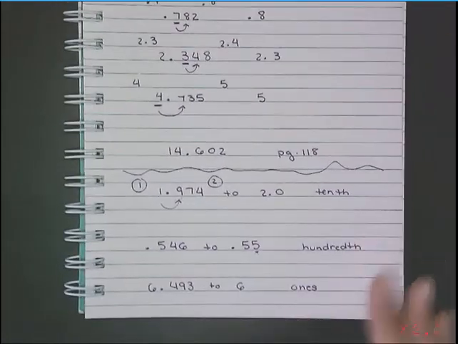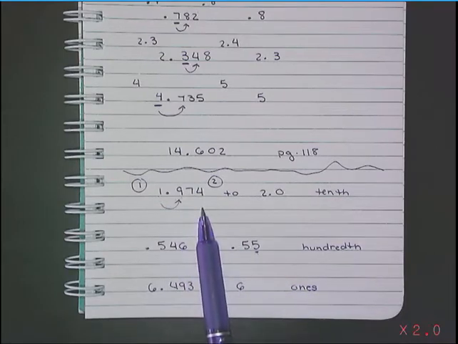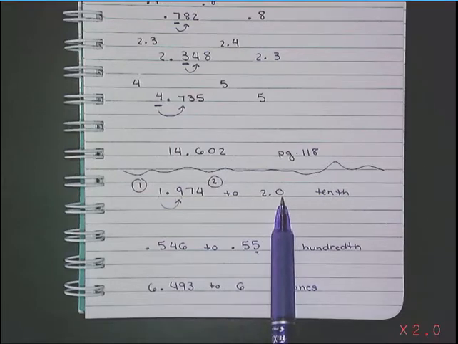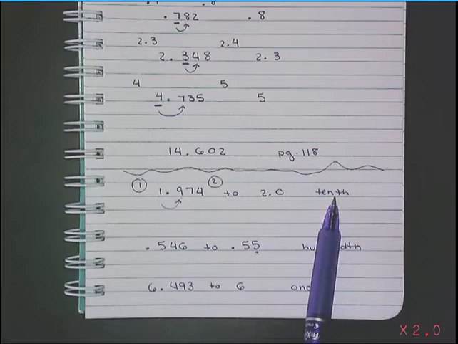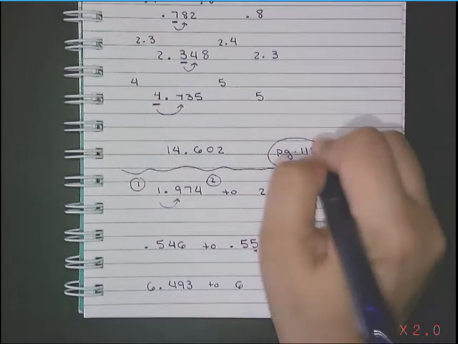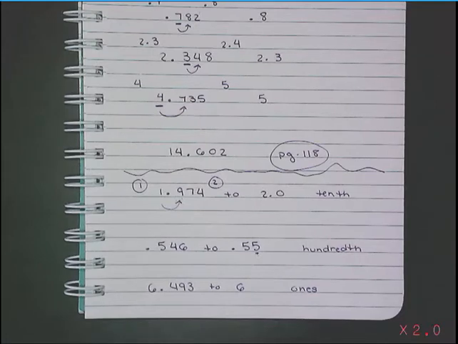When you need to identify what place value they rounded to, look at the place value farthest to the right, and that is the place value that they rounded to. And then take a look at page 118 for the place value chart to help you determine which number is in which place value. If you have any other questions, let me know.